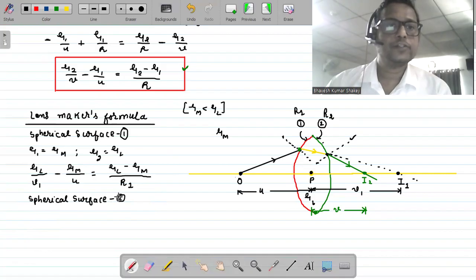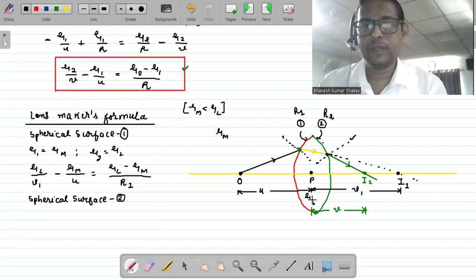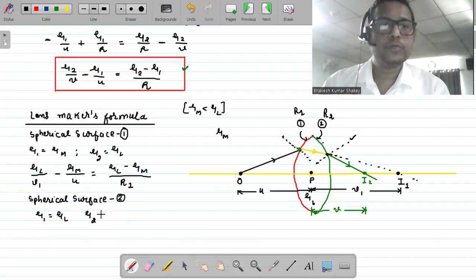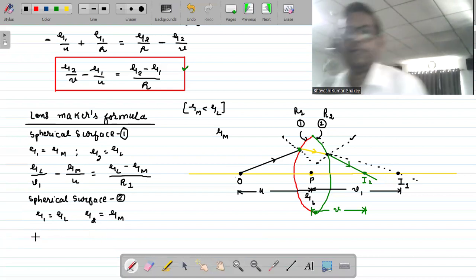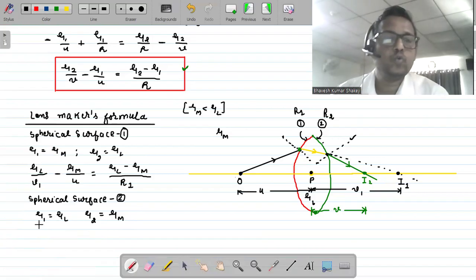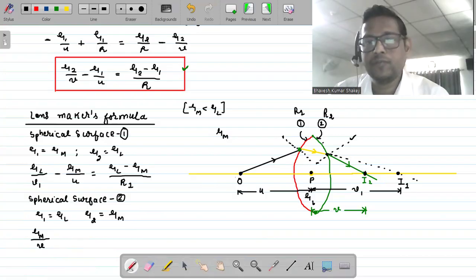For spherical surface 2, the incident ray lies in the lens, so the refractive index is mu L. So mu1 is equal to mu L, and mu2 is equal to mu M. Applying the formula for refraction at the spherical surface, mu2 is mu M, so mu M divided by V, since V is the distance of the image formed by the second surface.